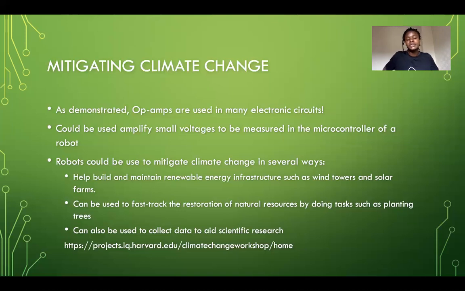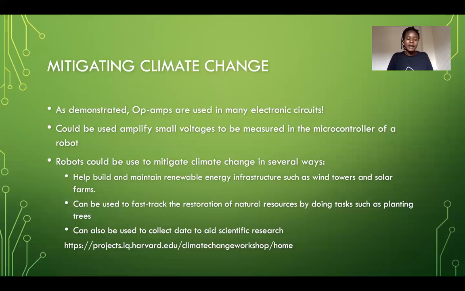And a final one, which is kind of the more obvious one, is using robots to collect data. If you think about the world today, data is super important. It makes it easier to understand the world. It makes it easier to get solutions to things. If you think about growing industries, you're thinking about artificial intelligence and machine learning, and industries like that need a lot of data to work.